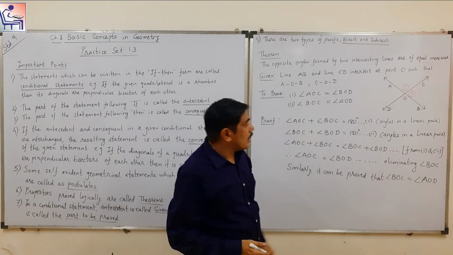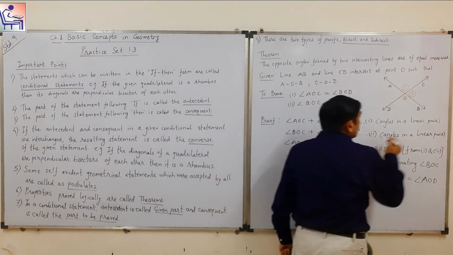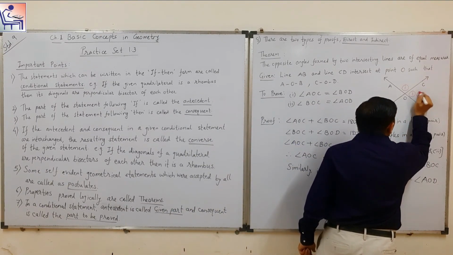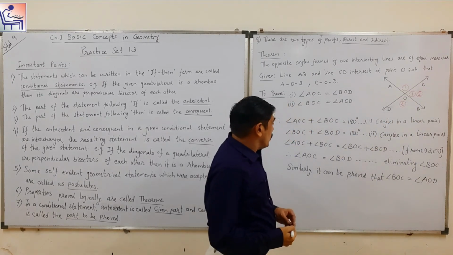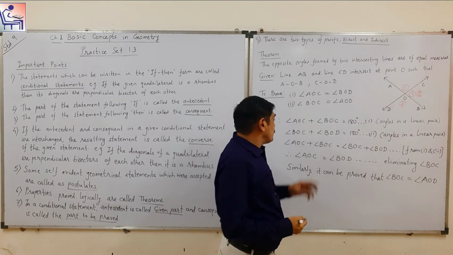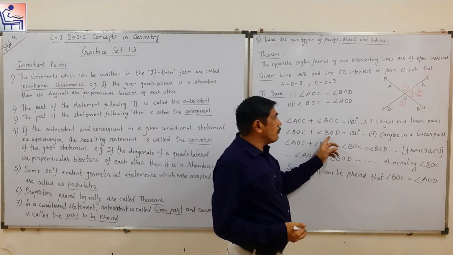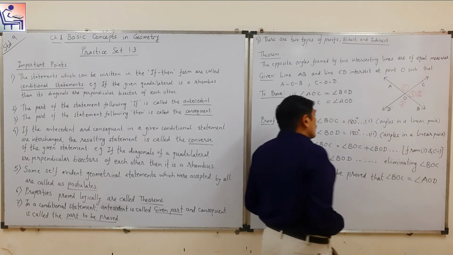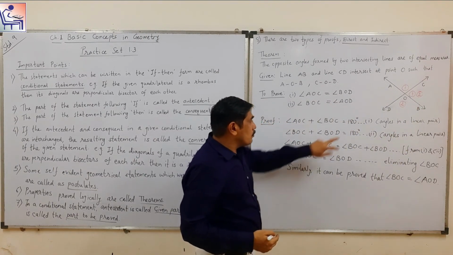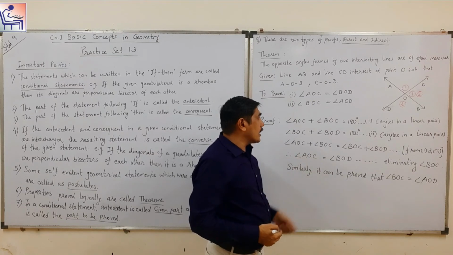Angle BOC plus angle BOD is equal to 180 degrees. So here I will give it statement number 2. Just for your understanding, angle BOC plus angle BOD are also a linear pair, so both of them have a total of 180 degrees.